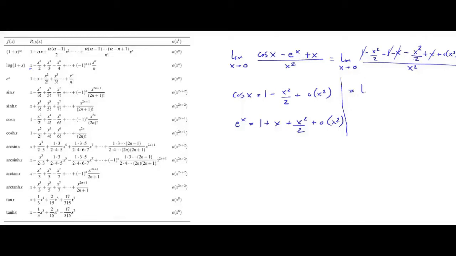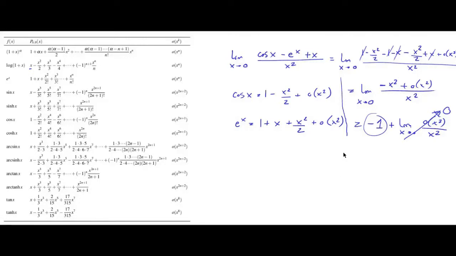So we have the limit when x goes to 0 of minus x squared plus small o of x squared divided by x squared. So this is going to be two different limits, right? The first limit is going to be minus 1, and the second limit is the limit when x goes to 0 of the small o of x squared divided by x squared. But we just said that this is going to be 0 because that's the definition of small o of x squared. So this limit is minus 1.